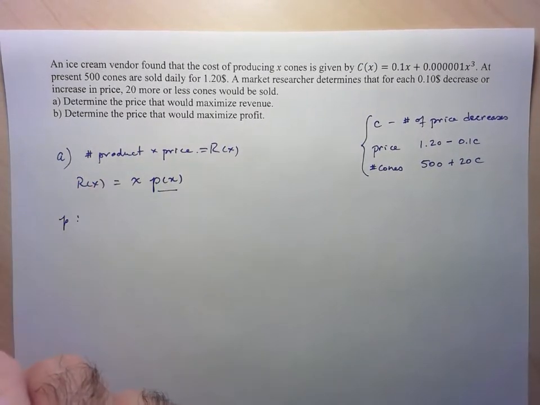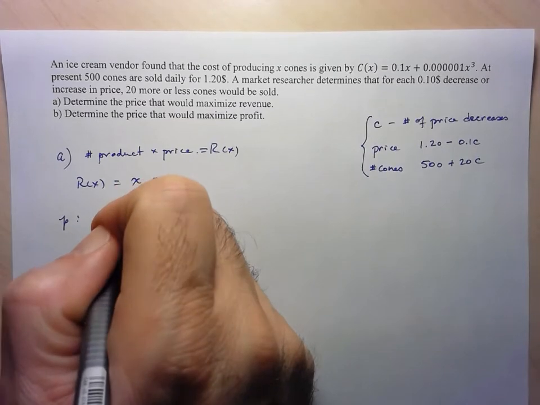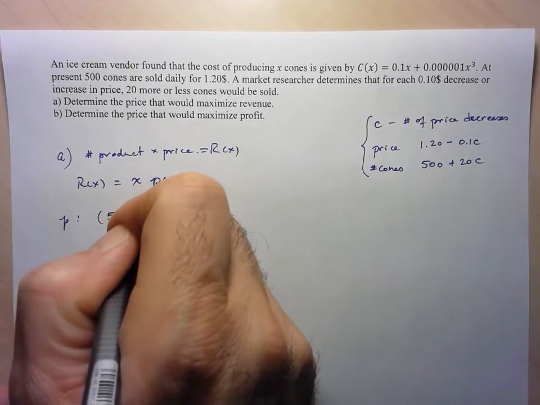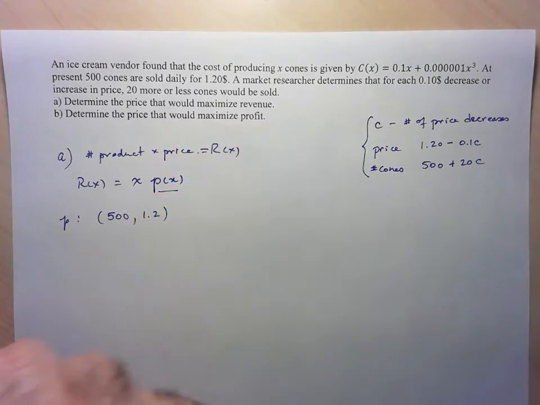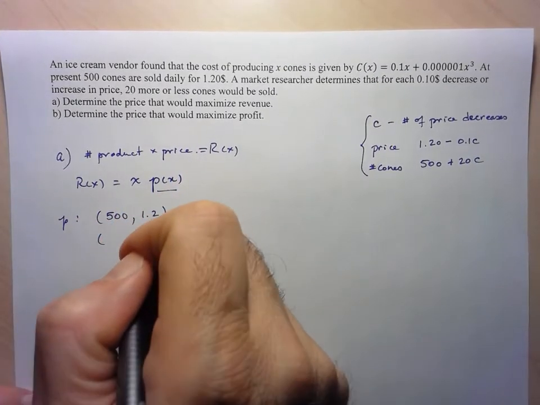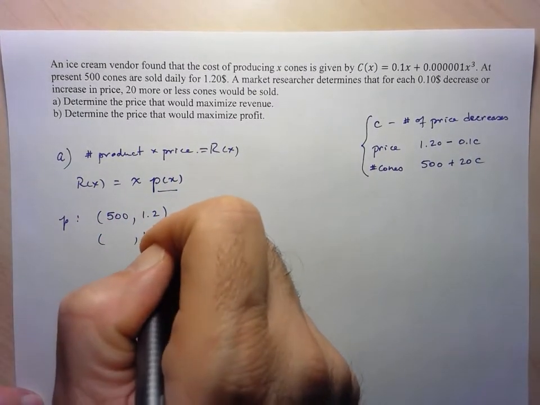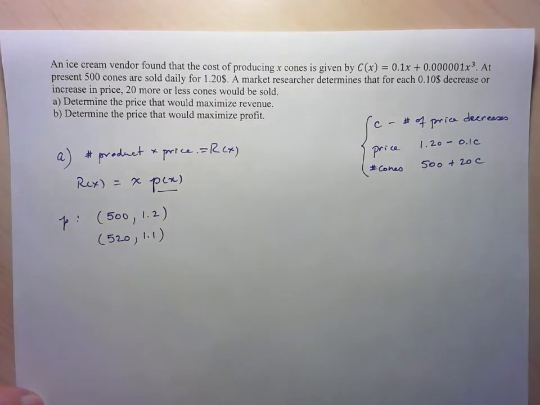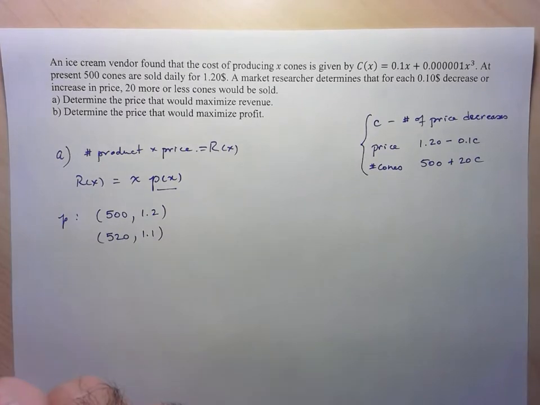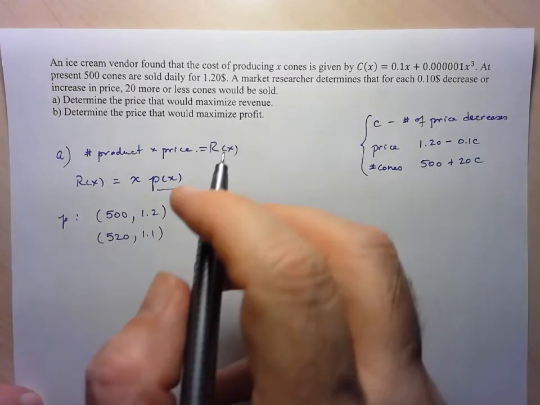Okay, so now I'm going to just find 2 points. So I know that when I sell 500 cones, the price is $1.20. Okay, and if I decrease the price to $1.10, I'm going to sell 20 more cones, so 520 cones, and now I've got 2 points, and I'm just going to calculate the equation of this line.